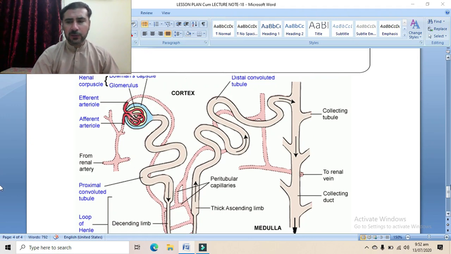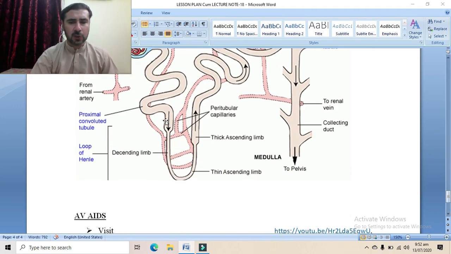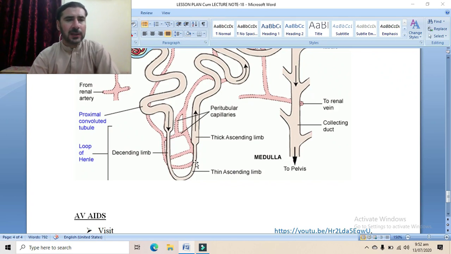So the walls of these renal tubules, the loop of Henle, basically secrete certain ions, ammonium ions and hydrogen ions, to maintain the pH of this glomerular filtrate, or in other words, it is urine now.